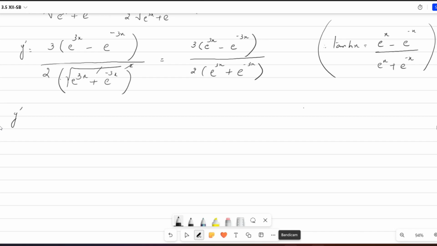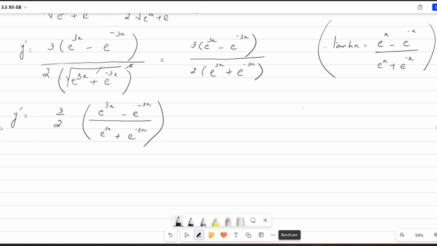Here you can see y dash is equal to 3 by 2, e raised to the power 3x minus e raised to the power minus 3x, divided by e raised to the power 3x plus e raised to the power minus 3x.